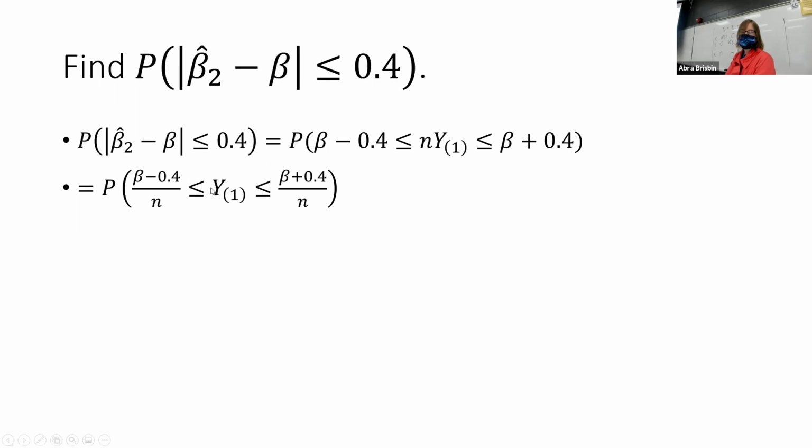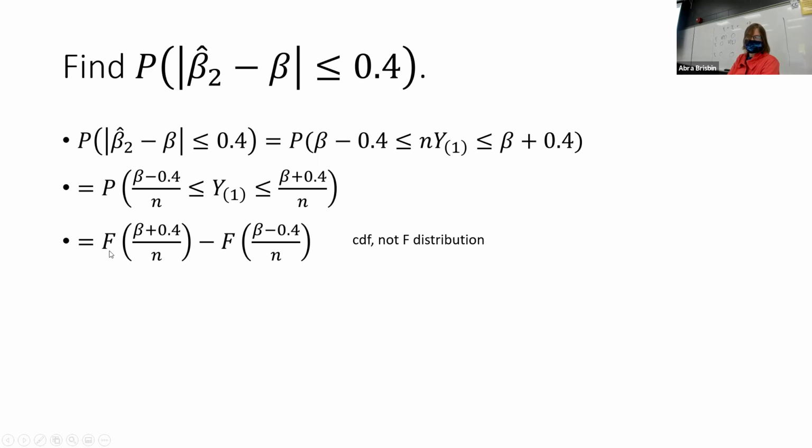And now we can use the fact that the minimum has an exponential distribution and say that this is the probability that the minimum is less than or equal to beta plus 0.4 over n minus the probability that the minimum is less than beta minus 0.4 over n. So the big F here represents a cumulative distribution function for an exponential distribution.